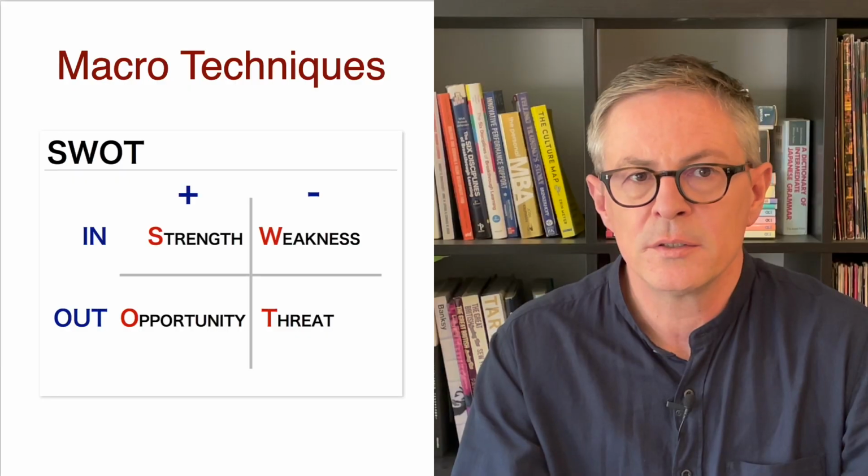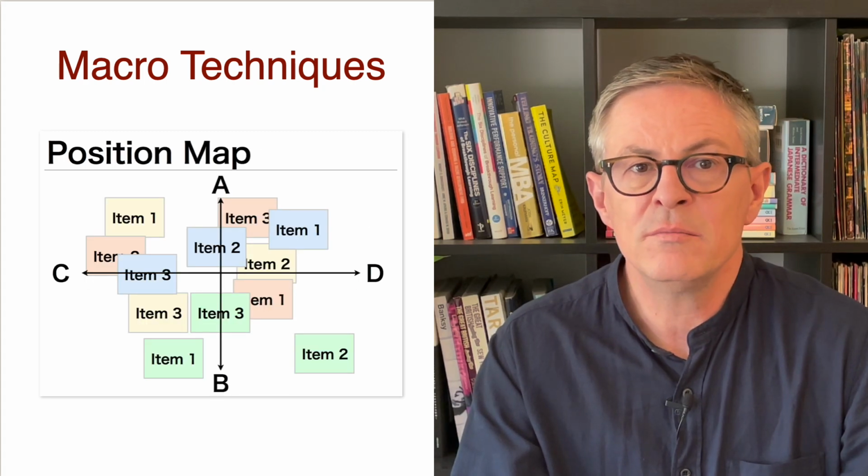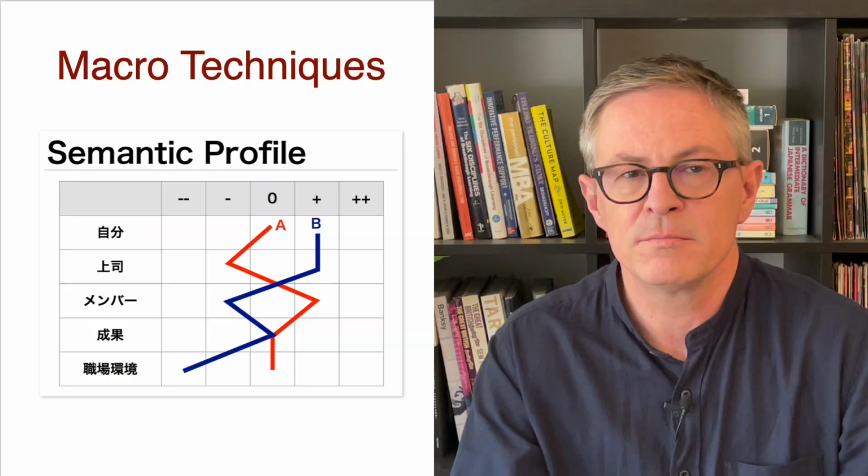The first approach is what we call macro. In this approach, you would typically take as much information as you can from different perspectives or angles and organize it into a framework in a similar way that a consultant would generally do to find insights that couldn't previously be seen. Some of the well-known frameworks that lead to insights include SWOT, PEST, user journey, position map, or even maybe semantic profiles.